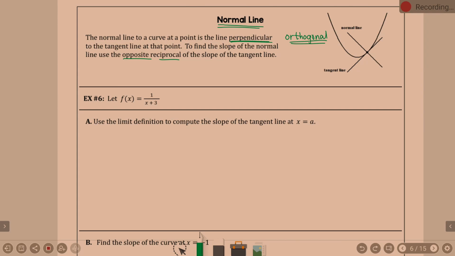In terms of notation, I think I introduced this last year. Maybe I didn't, but an upside down capital T, that is a symbol for perpendicular. All of this valid stuff you could see. Okay, so let's see.